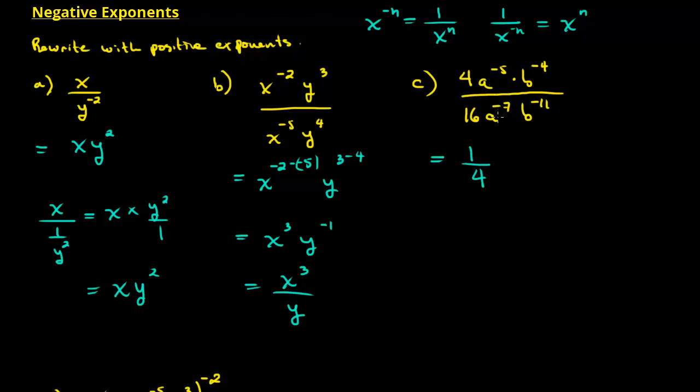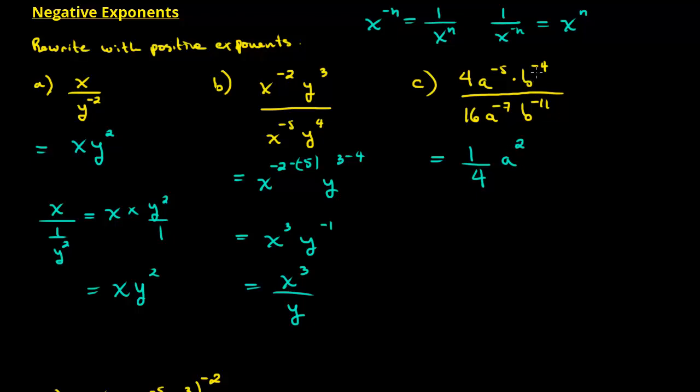I'm dividing powers of the same base, so I subtract their exponents. I've got a to the power of negative 5 divided by a to the power of negative 7. This would be a to the power of negative 5 minus 7, which is a squared.